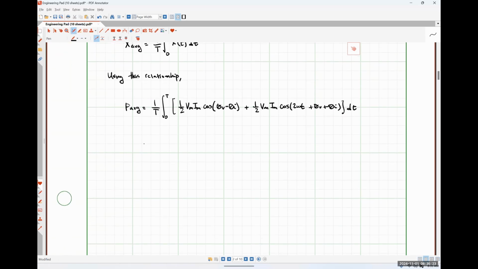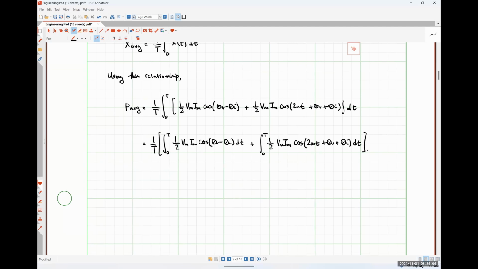So I would have 1 over period times the integral from 0 to T of 1/2 Vm Im cosine of theta v minus theta I dt, plus the integral from 0 to T of 1/2 Vm Im cosine of twice omega t plus theta v plus theta I dt.